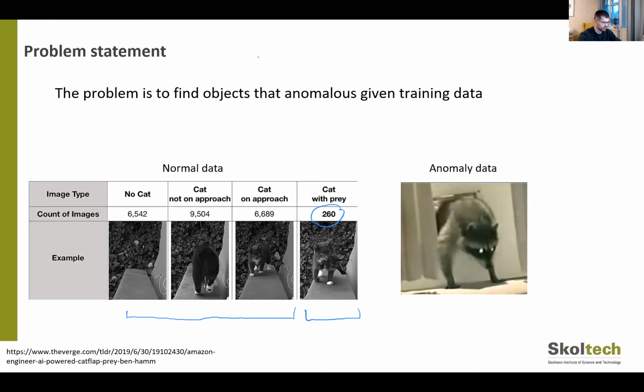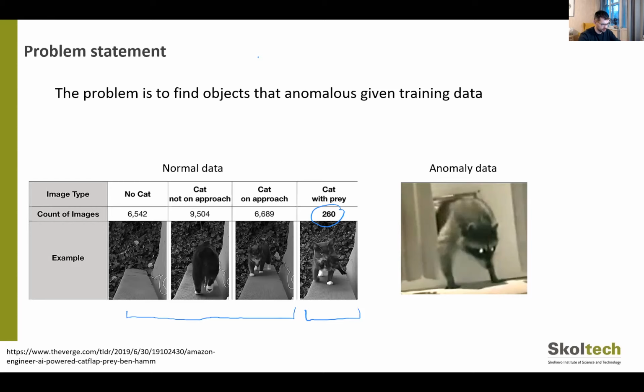This dataset was collected in an attempt to automate the door opening for a cat as he approaches the door, and also for punishing him for killing a bird.